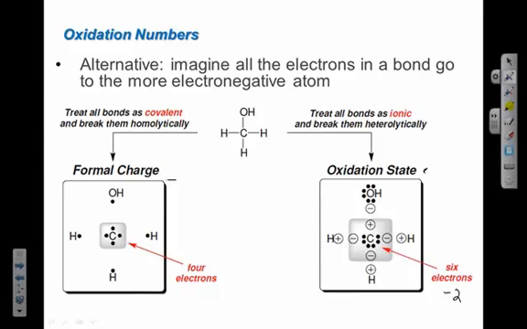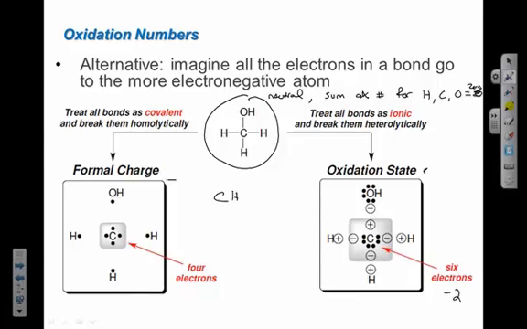So for carbon, the first rule is in the molecule overall, if it's neutral and there's no overall formal charge, then the sum of the oxidation numbers for the hydrogen, carbon, and oxygen have to add up to 0. So if I have 1 carbon, 4 hydrogens, and 1 oxygen, whatever the oxidation numbers are, they have to add up to 0.